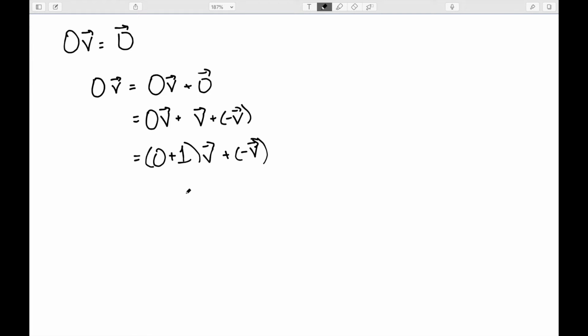That gives me (0 plus 1) times v, and then plus negative v. We know that 0 plus 1 is 1. We also know that 1 times a vector is just that vector, so now I have v plus negative v. And from our basic list of properties, we have that that is equal to 0. So now I have 0 times any vector is equal to the 0 vector.